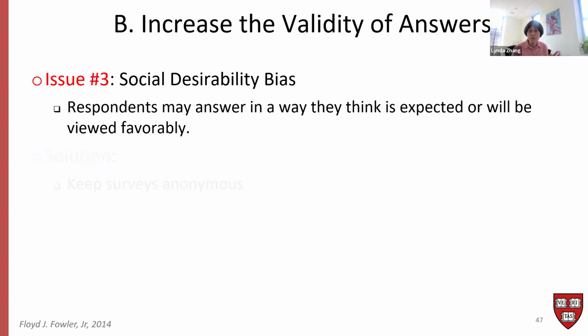This bias particularly affects questions about sensitive topics. The way to address this issue is first to use an anonymous survey and keep it anonymous. Then they will report honestly.